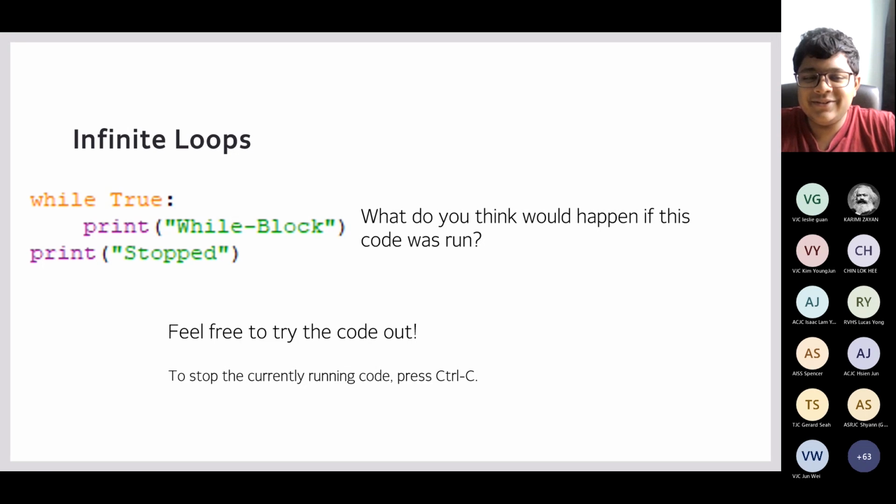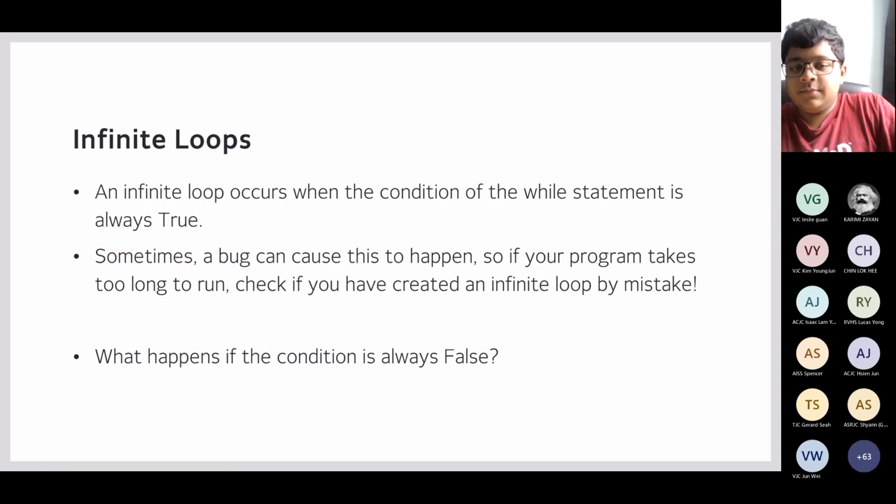If you want to test it out, please press Control C to stop running the code, because it's a huge spam, since Python can run a lot of instructions in a single second. I'll leave you to do that if you want. So basically, an infinite loop just happens when the condition is true every single time. You're not changing anything, and nothing's really happening.